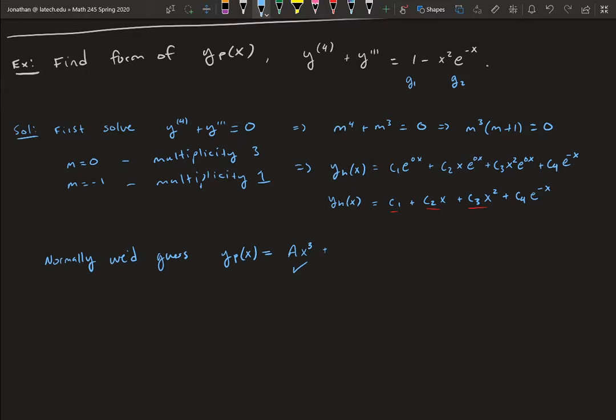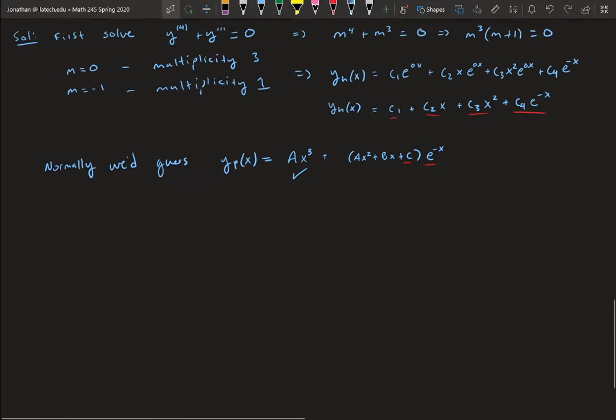Plus, let's see, normally we would say ax squared plus bx plus c times e to the negative x, because we have a quadratic, g2, x squared e to the negative x. So the general form of a quadratic would be ax squared plus bx plus c. However, that again duplicates a constant times e to the negative x. So what we have to do is multiply this by x.